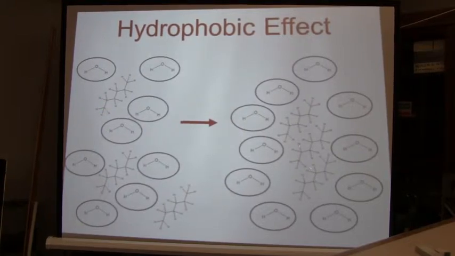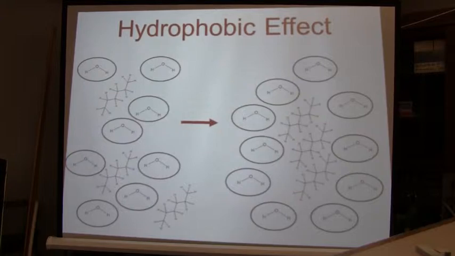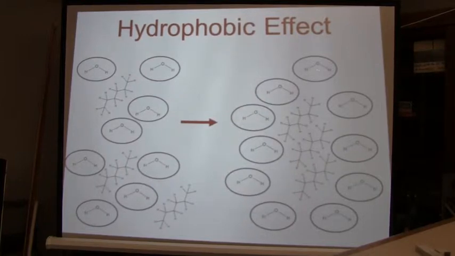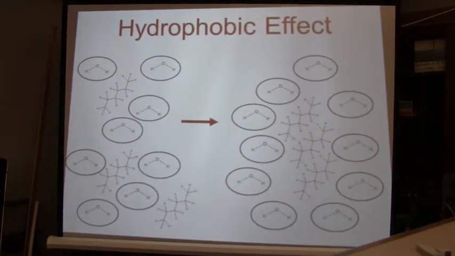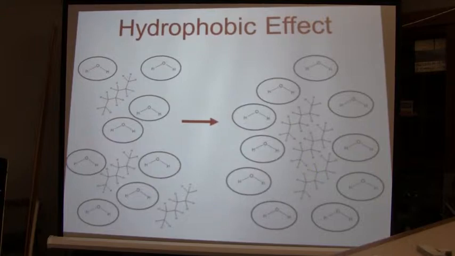So now what eventually happens is the non-polar molecules are going to globulate together, and all the water molecules are going to be on the outside. If this were on the surface of a beaker, this would be the bottom of the beaker and this would be the top, because these are going to be less dense than these.